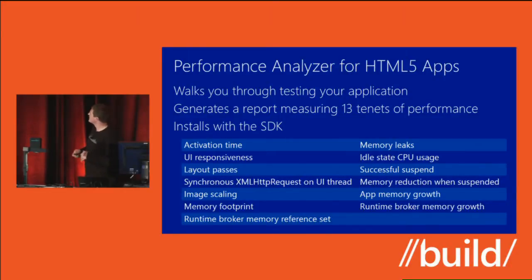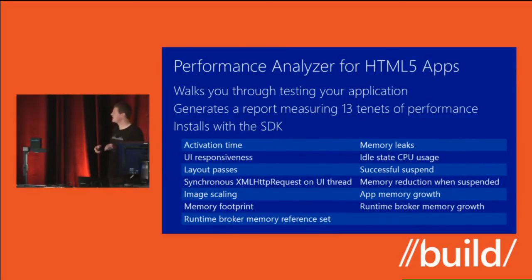But it's actually developed by the WWA host team, the guys that do the Internet Explorer JavaScript runtime stuff for Windows Store apps. What it does is walk you through testing your application. It generates a report measuring 13 different tenets of performance that the WWA host runtime guys defined, working with people inside Microsoft that were building JavaScript Windows Store apps.